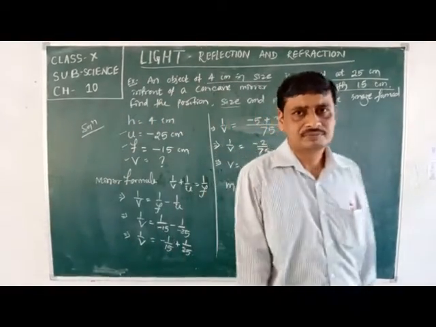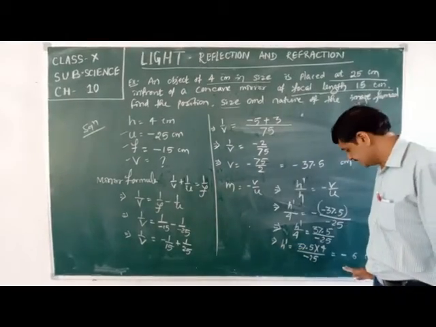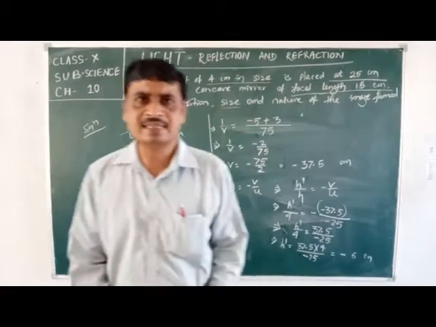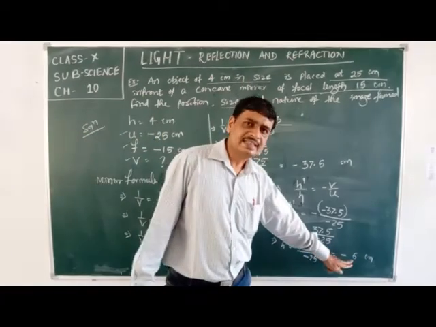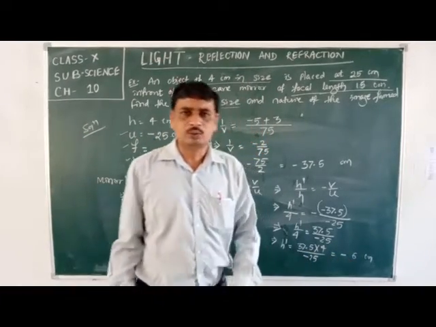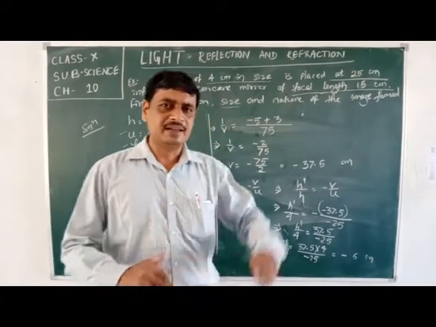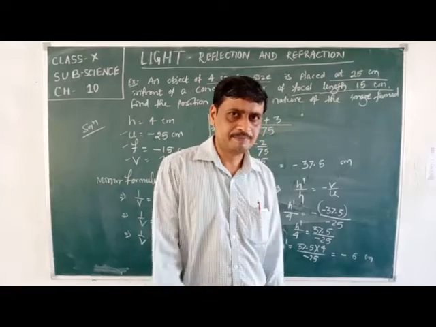If the size of the image is on the negative side, when the size of the image is negative, then we say the image is forming below the principal axis.